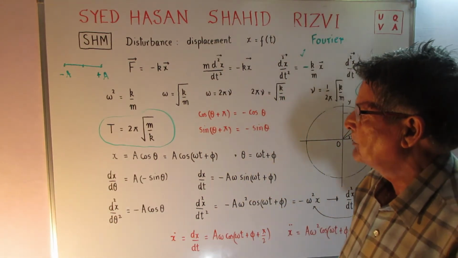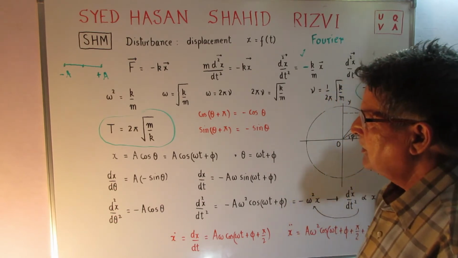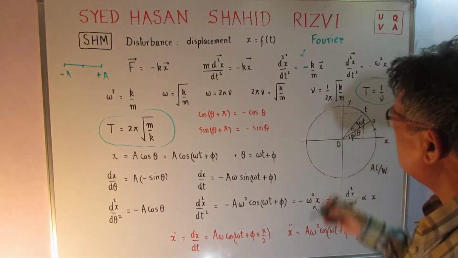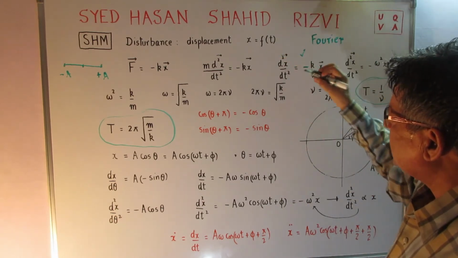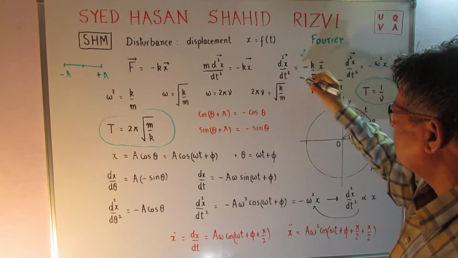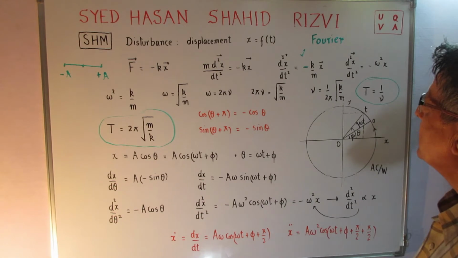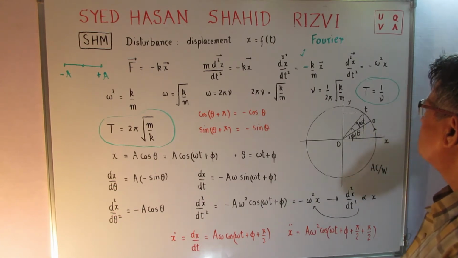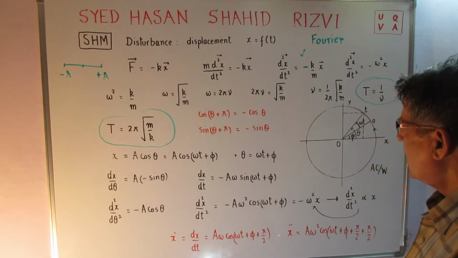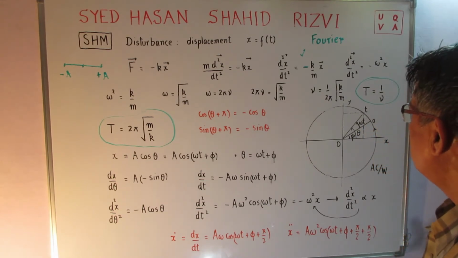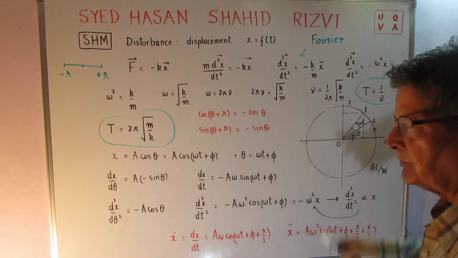Now, we see from these relations, particularly this one, that the second order time derivative d2x upon dt2, which we also write as x double dot, is equal to minus omega square x, which means this is proportional to the function itself.